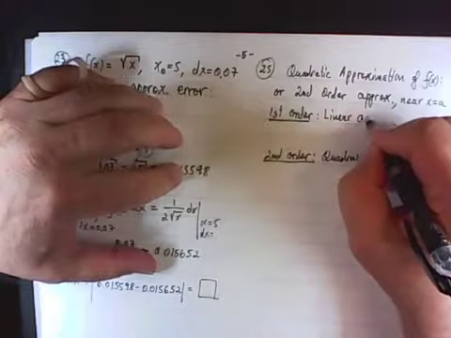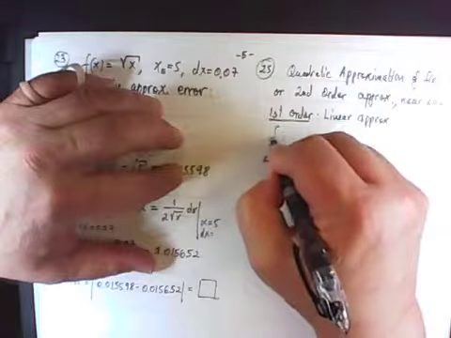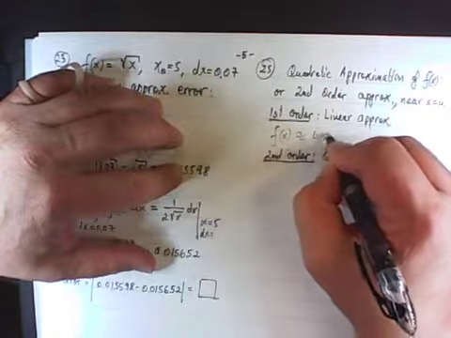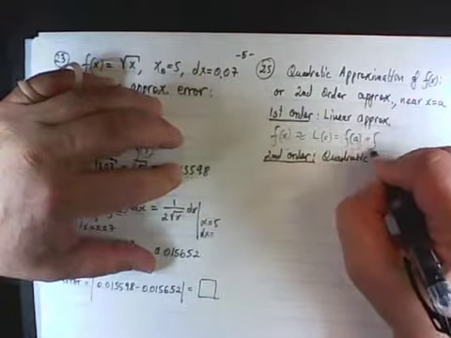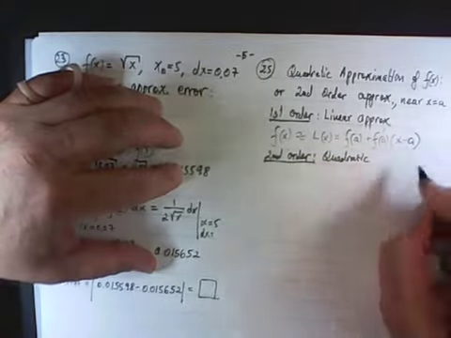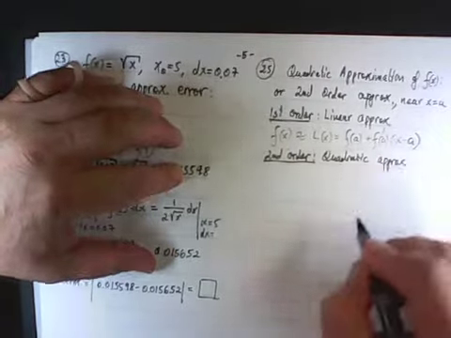So this will be linear approximation. And we're going to say that f of x is approximated by L of x, and L of x is f of a plus f prime at a times x minus a. Now, quadratic approximation is what you have in the problem.